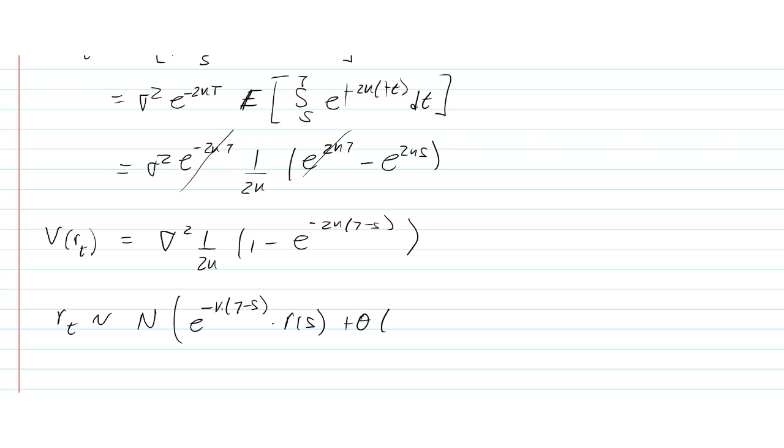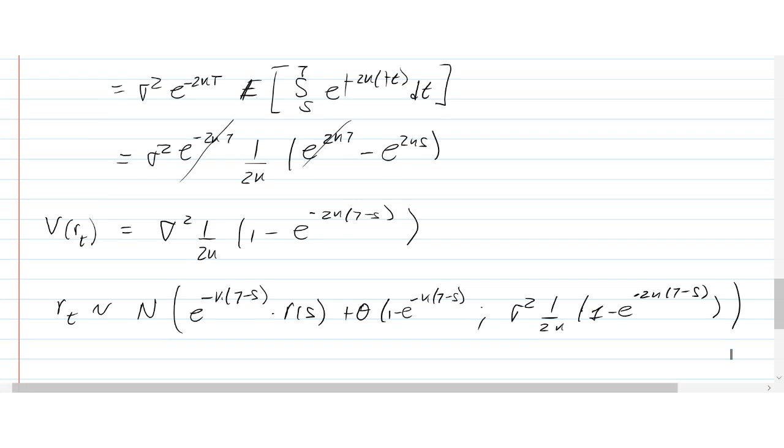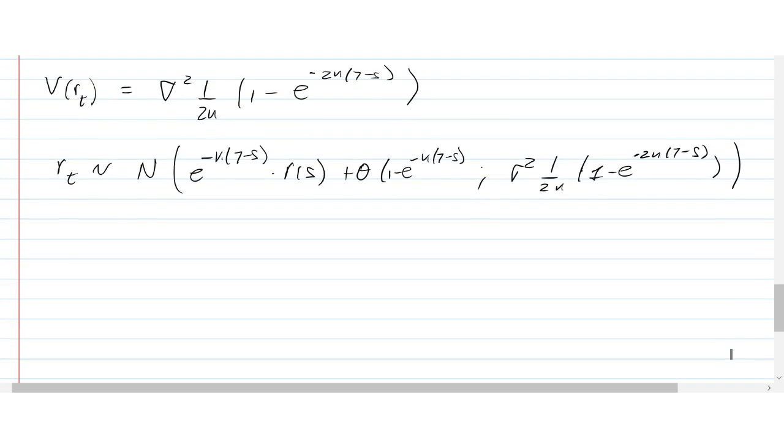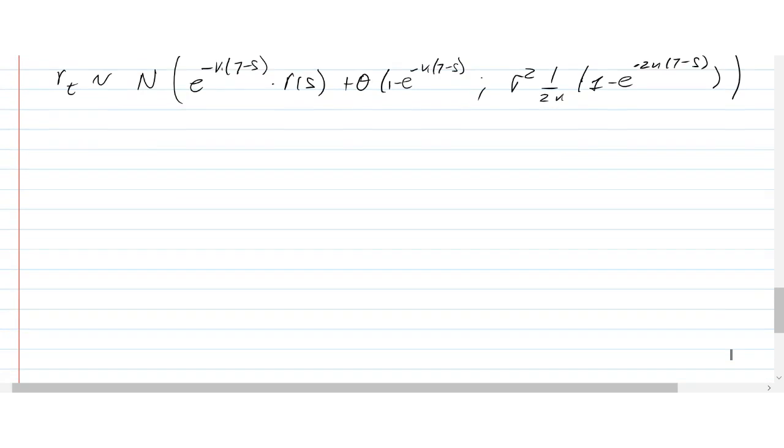This will be the term that controls the mean reversion, and then here the variance we just calculated. From here you can draw realizations of the rate. That's it for the expectation and the variance of the rate under the Vasicek model.